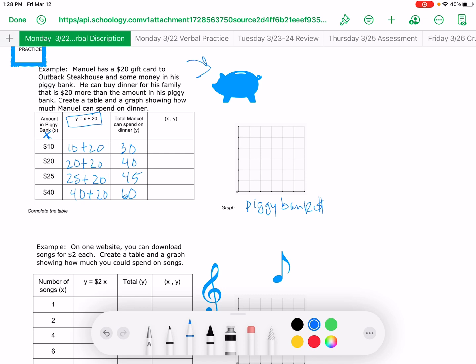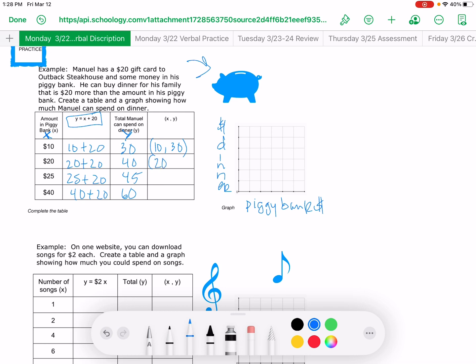Now I'm going to make these into my ordered pairs. I know that my x is 10, and then my y is 30. We've just solved for our y right here. This is how much money they can spend on dinner, so I'm going to say my y, which is my dependent, is my money for dinner. When you're writing ordered pairs, you're going to want to put parentheses.